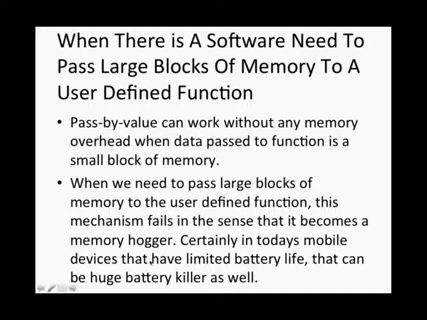But when we need to pass large blocks of memory to a user-defined function, this mechanism, pass by value or pass by copy, completely fails because it becomes a memory hogger, because for the time during which the function is being executed, two copies of the same data exist. And if the data being passed is huge in number of bytes, that's a tremendous memory overhead. And certainly in today's mobile devices, which have limited battery life, that can be a huge battery killer as well.